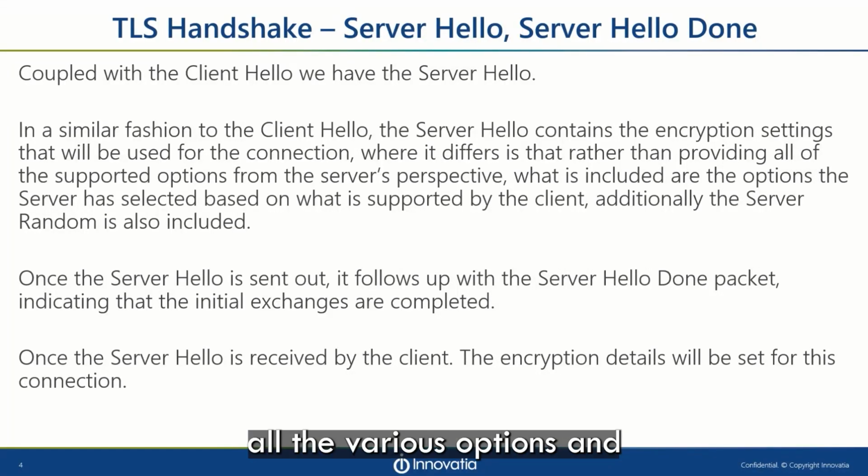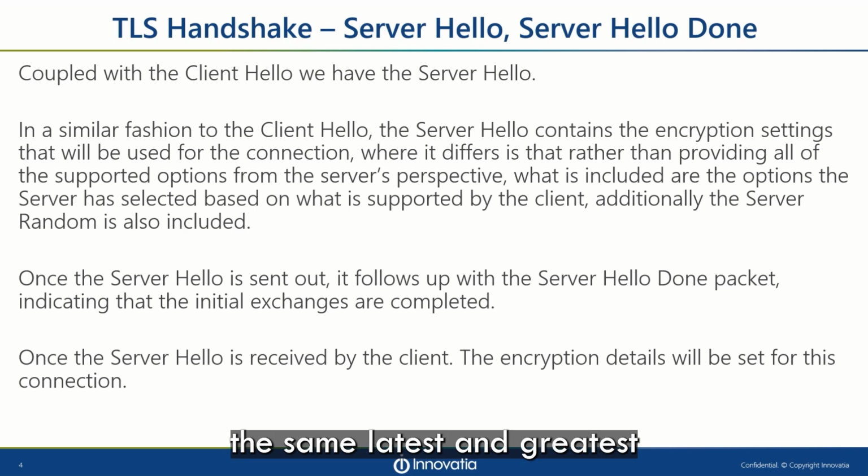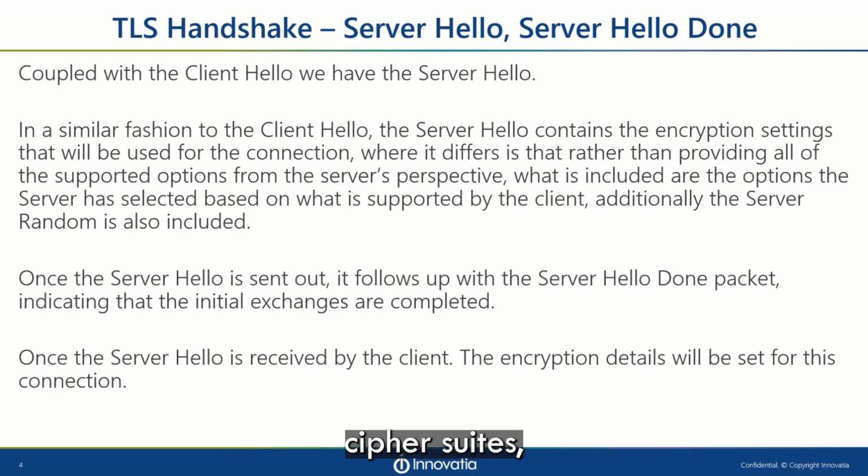So the client sends out all of the various options and capabilities the client supports. The server will then look through all of those different options and select whichever ones are most secure or most compatible. So if you have a particular client that has the latest and greatest cipher suites available to it, and the server also supports those same cipher suites, the server will select one of those as its selection.